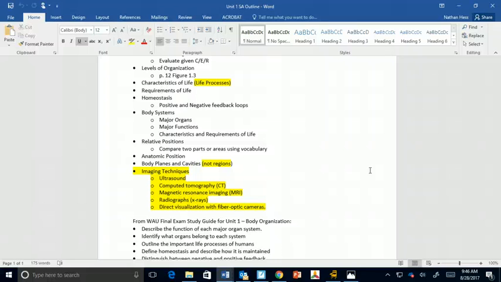And that is, again, a three-dimensional viewing that it can be looked at in any of these different slices, frontal or horizontal or any of these pieces. X-rays, again, you know that, for bones, right? And that's using X-rays. And then, of course, direct visualization is the camera through either an orifice you already have or an incision that they make to slice it like into your knee or your abdomen or something like that.